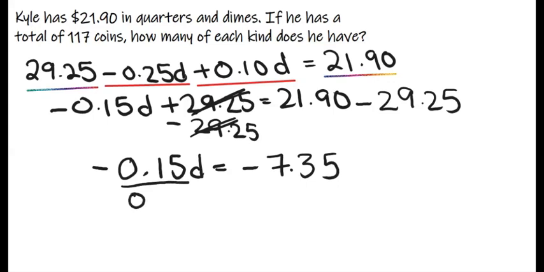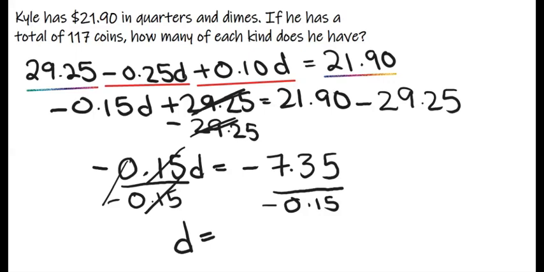Okay, our last step to getting the value of D is to divide by 0.15 on both sides of the equation. And so these two will cancel over here, and we'll only have D left.